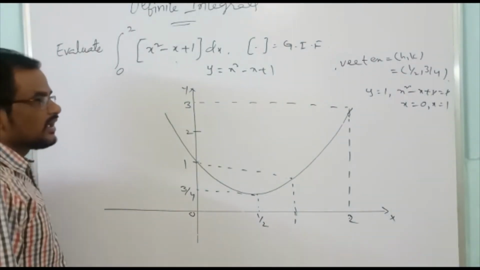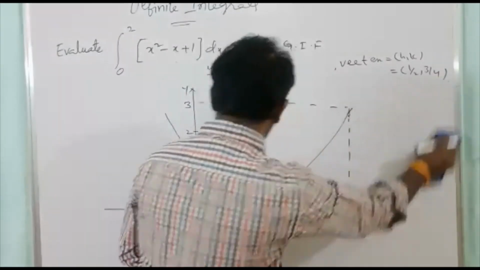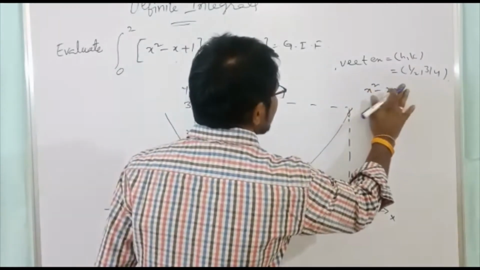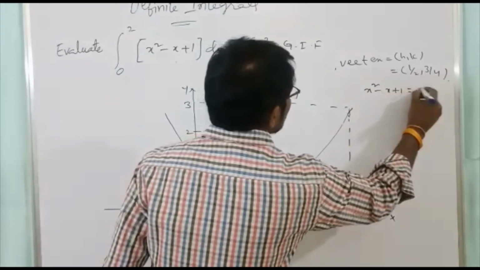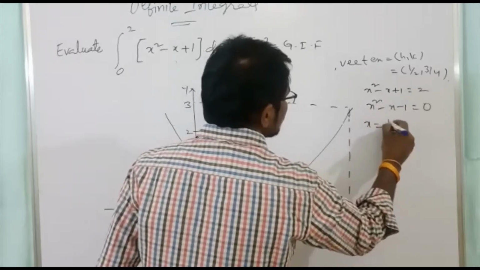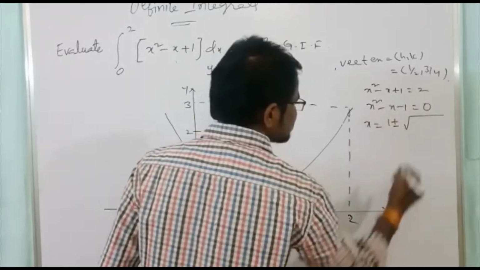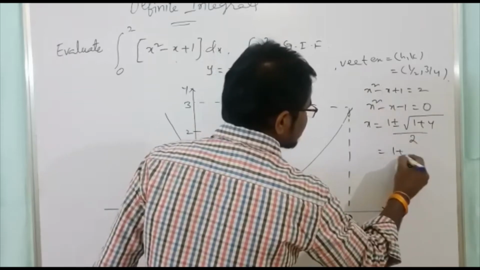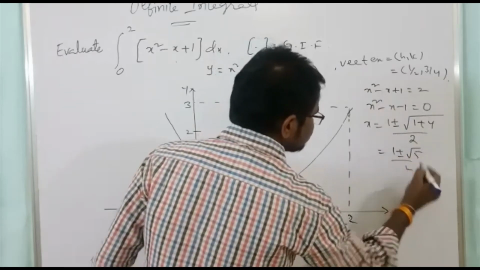Next, if y equals 2, then x squared minus x plus 1 equals 2, so x squared minus x minus 1 equals 0. x equals 1 plus or minus root of b squared minus 4ac over 2, which means 1 plus or minus root 5 over 2.